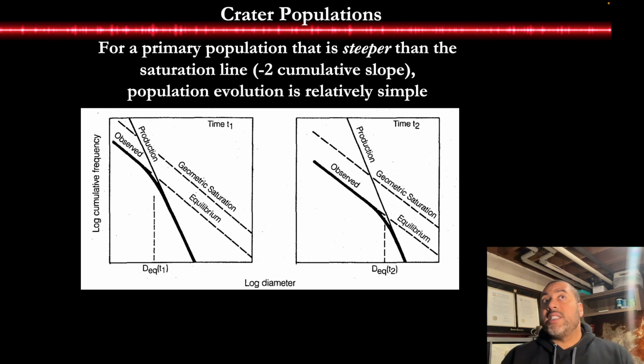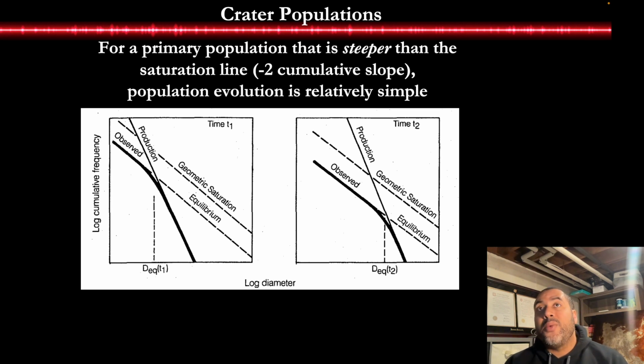On the left, it's time t_1, and on the right is time t_2. These are showing how the surface observation changes for an unchanging production curve that's steeper than the saturation equilibrium curve. What we see on the left is that the equilibrium diameter highlighted on the x-axis is at a lower diameter at first. Again, you're seeing that curving when the production curve is passing that saturation equilibrium.